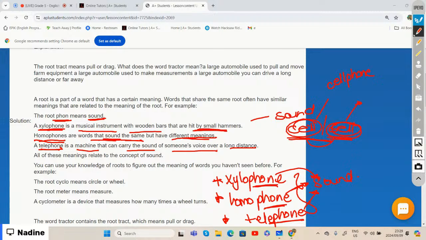Those similar meanings are related to the meaning of the root, which is to do with sound. Xylophone is a musical instrument. Homophone is words that sound the same. Telephone is a machine that carries the sound of a voice over a long distance.